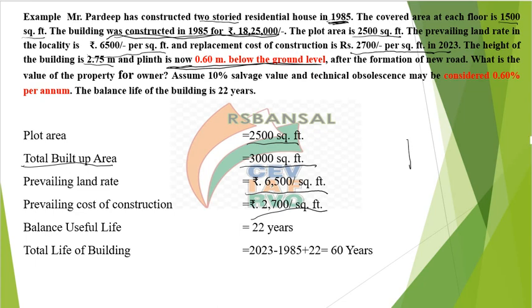It means at the time of construction this was the ground level with some plinth height, but now, due to reconstruction of roads, the plinth has become 0.60 meter below ground level.